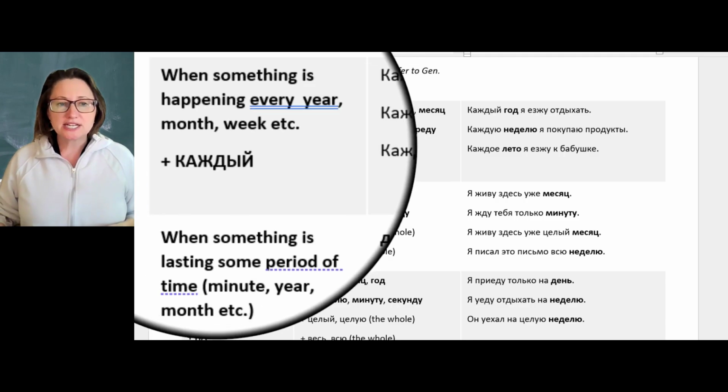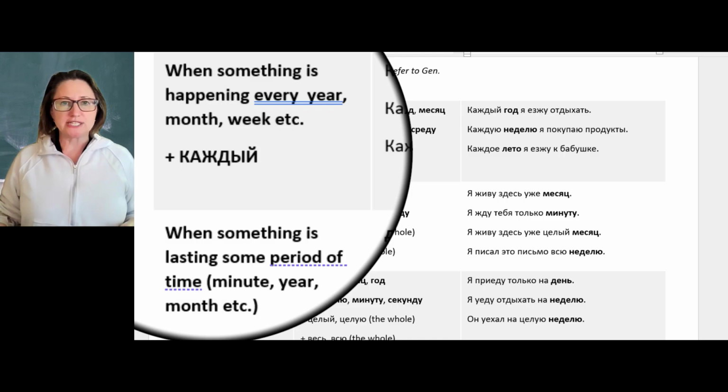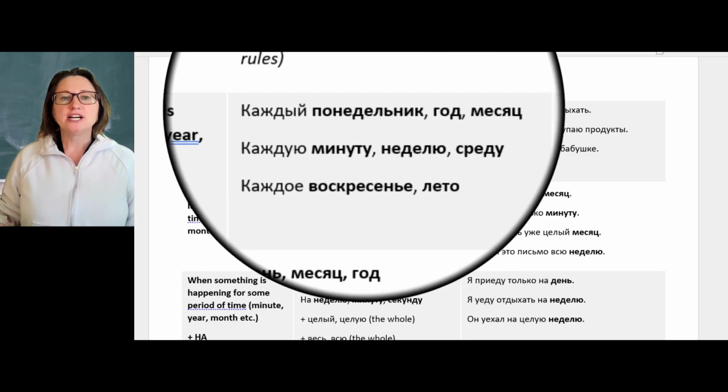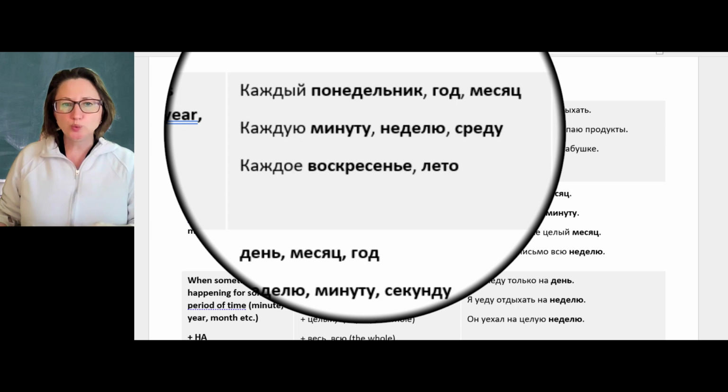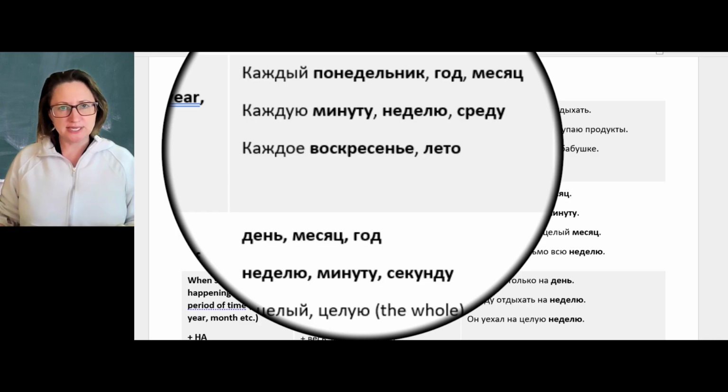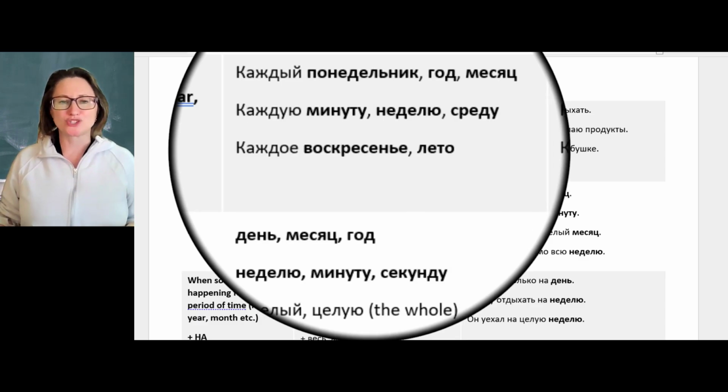But the word каждый in all its variations plus accusative case can be applied to any time reference. So here I have каждый понедельник, every Monday, каждый год, every year, каждый месяц, every month, каждую минуту, every minute, каждую неделю, каждую среду, каждое воскресенье, каждое лето. I stopped translating because I think you should know most of these words already.